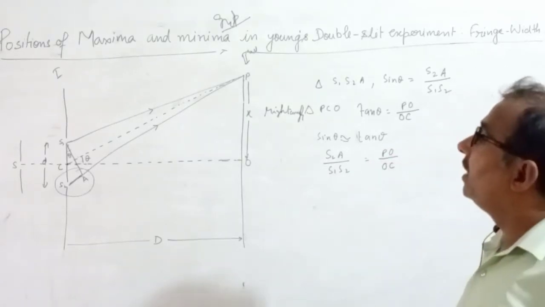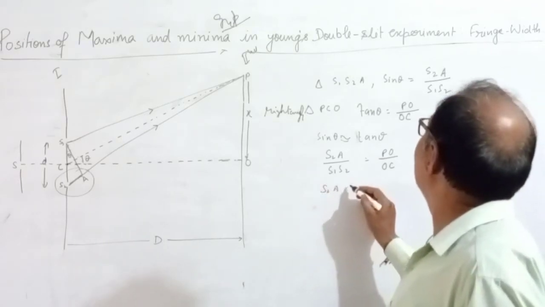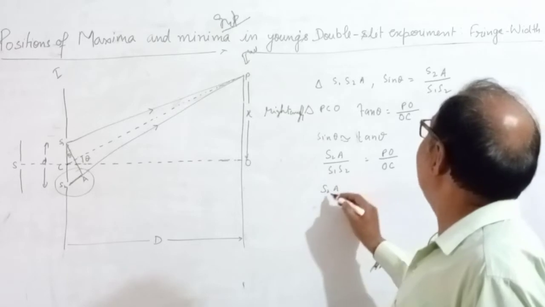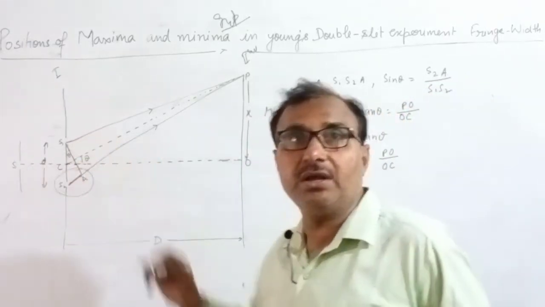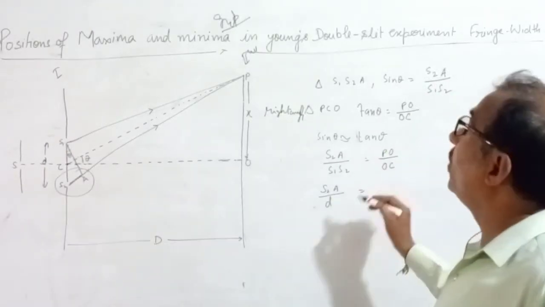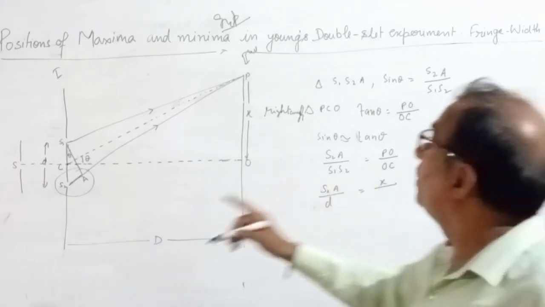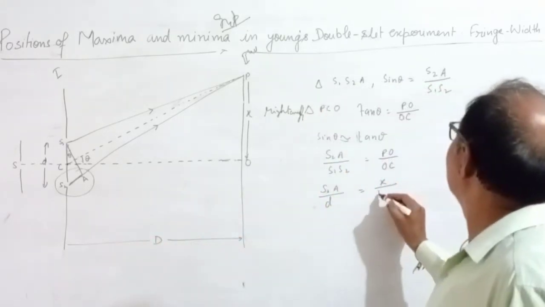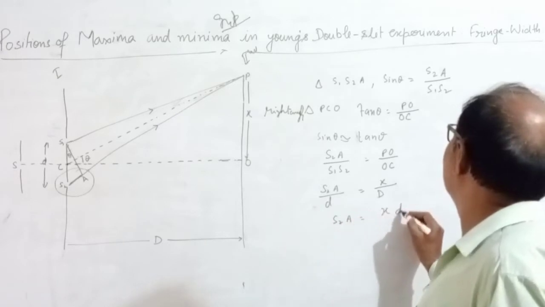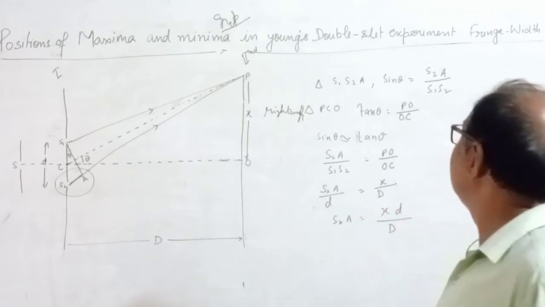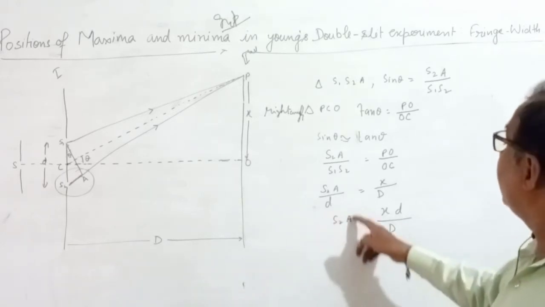What is S2A? S2A, as I told, is the path difference that you have to find out. What is S1, S2? That is small d, the distance d. What is PO? PO is distance x. What is OC? OC is capital D. So S2A equals xd upon capital D. This is your path difference.